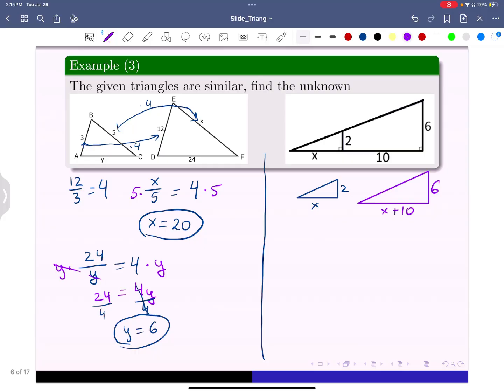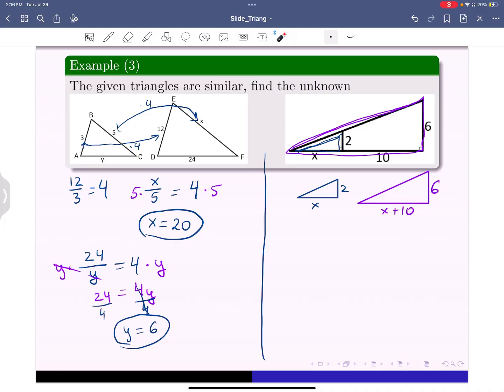Can we see that? We have two triangles. One is the small triangle right here, and the bigger triangle is right here. And those two triangles look similar because they have the same angle, and both of them have a right angle.